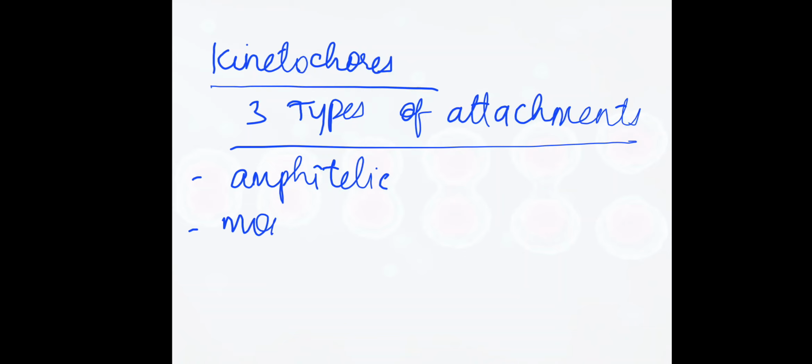The second one is monotelic attachment. The third one is syntelic attachment. So what are these now? I'm saying it is an attachment. Attachment means the attachment between the kinetochore and the spindle apparatus of the pole.